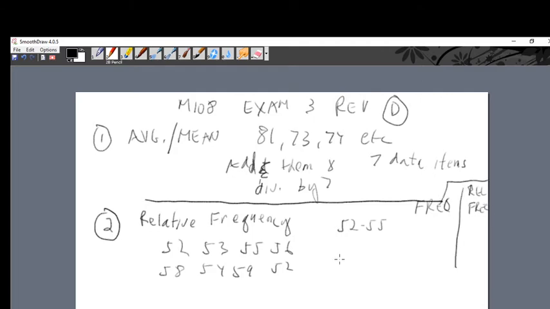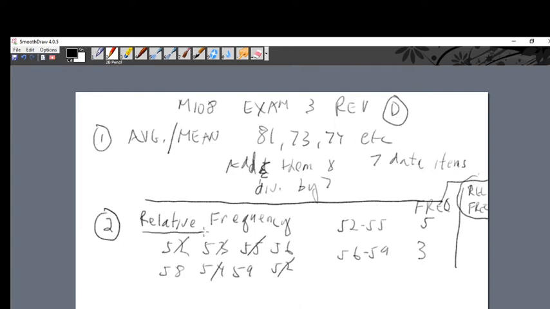Now there are two classes, 52 to 55 and 56 to 59. Between 52 and 55, how many are there? 1, 2, 3, 4, 5 of them. For 56 to 59, there's 1, 2, 3. There are 3 of them. What's relative frequency? This is what I want to talk about.